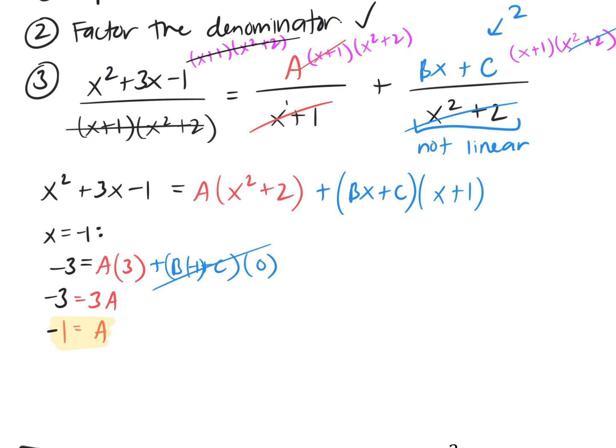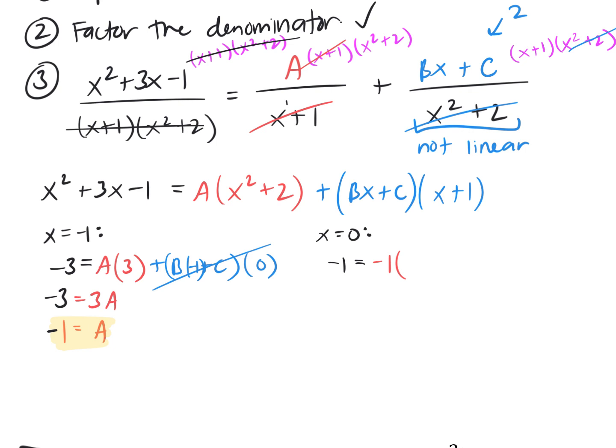0. Because if you look at the b, I have that times x, right? So that's going to get rid of my b value. So let's go ahead and plug in x equals 0. I would get on the left side -1 is equal to, I know what a is now, so I'm going to plug in my a value, which is -1.